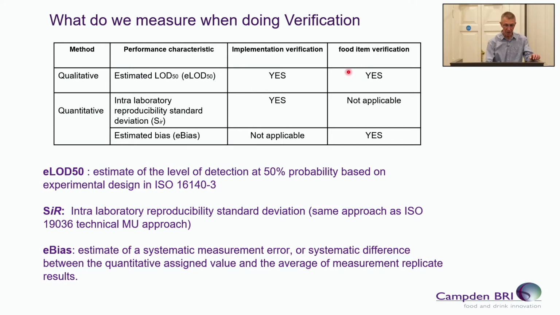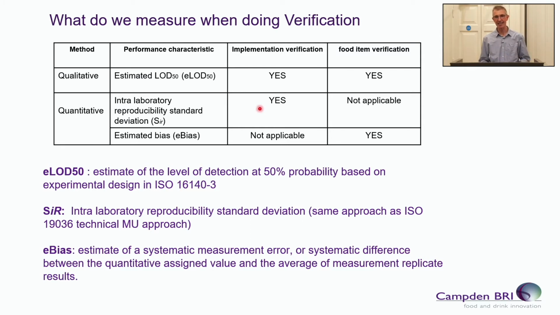If we now move to quantitative methods, so these are your counting methods, your total viable counts, your Enterobacteriaceae counts, your E. coli counts, and so on, then it's slightly different, because you'll be using two different performance characteristics for implementation and food item verification. For quantitative method implementation verification, so this is your comparison with the performance characteristics obtained by the expert laboratory, we use something called interlaboratory reproducibility standard deviation.